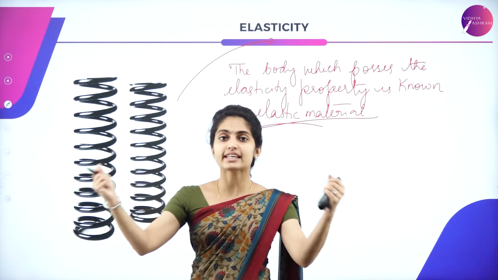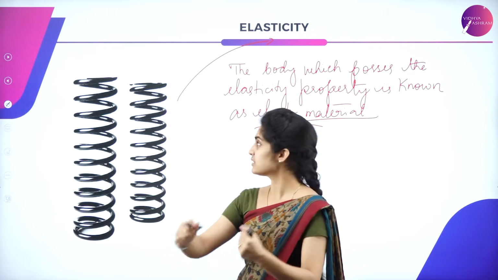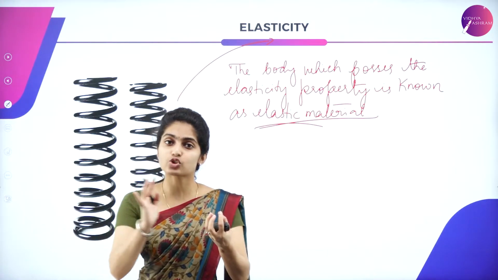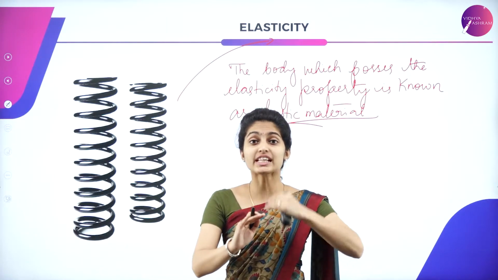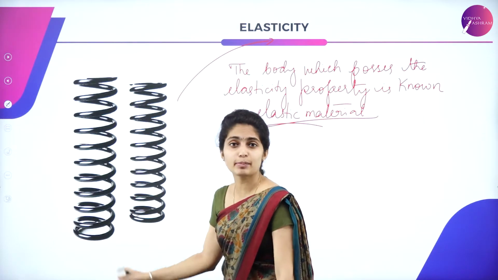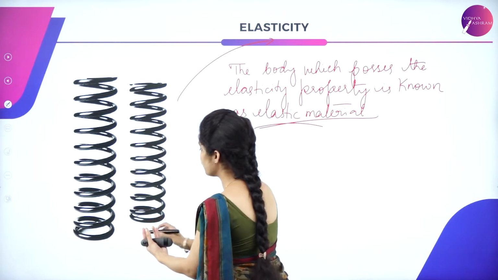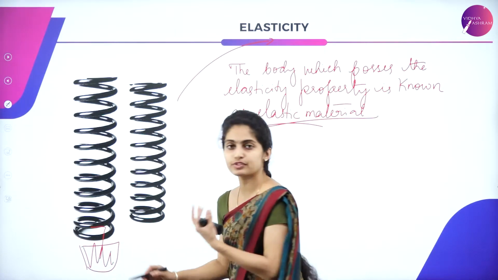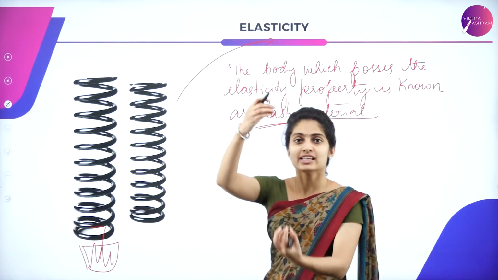So it is like elastic material which is same as that of the stretching of the spring. So there is a restoring force, okay, which restores its original position. So suppose I have discussed about the spring. Whenever you fix a block over here which is of certain mass, what happens? The spring stretches.